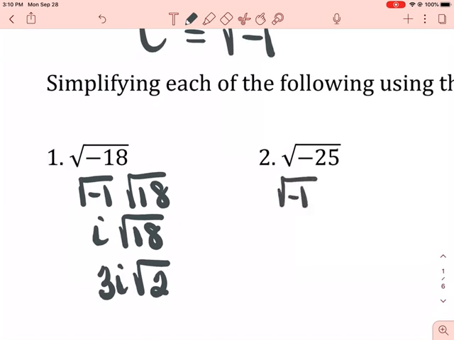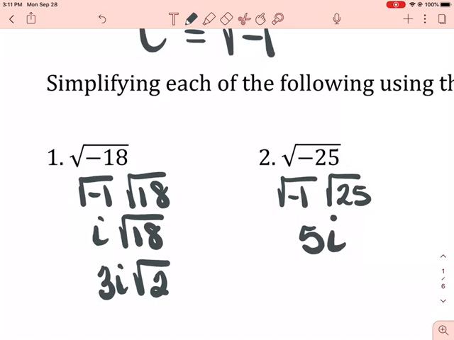All right, square root of -25. Square root of -1, square root of 25. Square root of 25 is 5, square root of -1 is i. Remember, the order in which we multiply things doesn't matter, so I could write i times 5, or 5i. Usually we talk about it in terms of 5i.